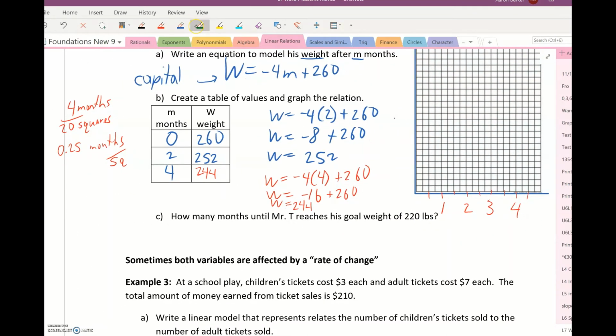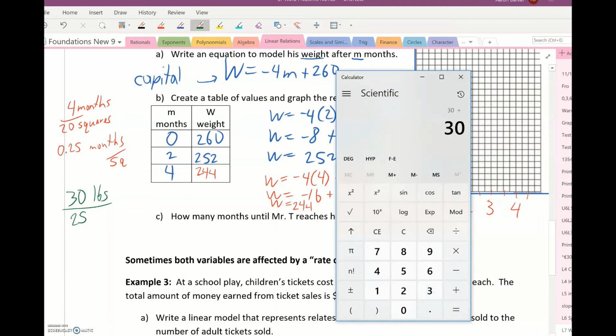So let's do my vertical then. I am going down 16 pounds. So what we can do is change this a little bit so that we have a 16-pound loss. Let's say 20 pounds. Actually, no, let's go 30 pounds that we're going to lose over 25 squares. 30 divided by 25, 1.2.